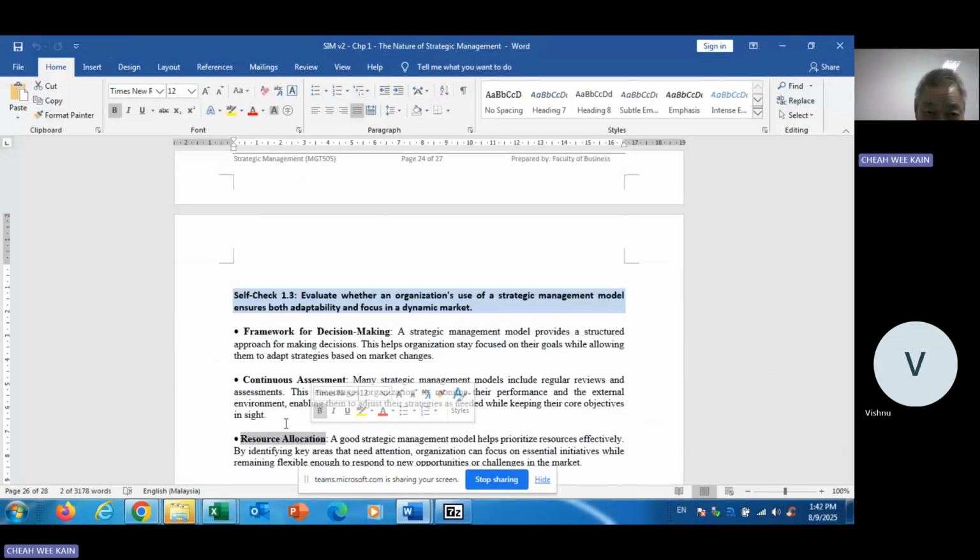If not enough resources are allocated, how are you supposed to expect the various organization units to be able to implement the goals effectively? You cannot do that. So you make sure that the resources are allocated effectively.